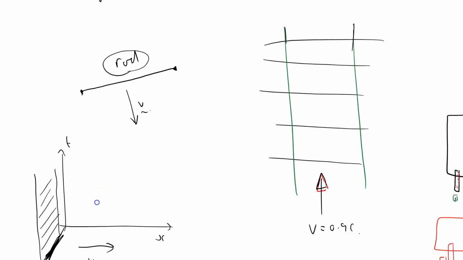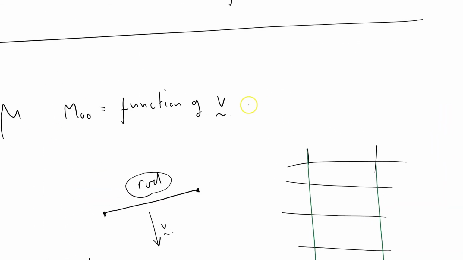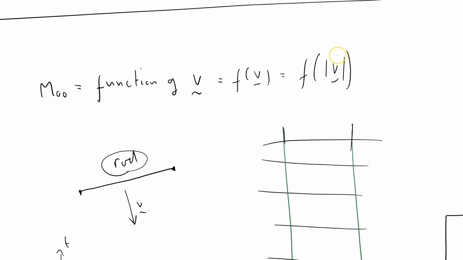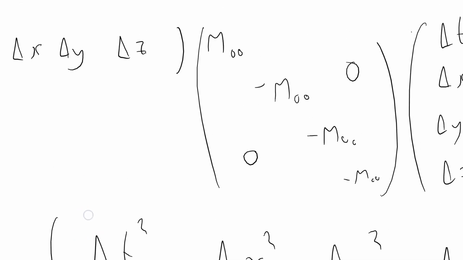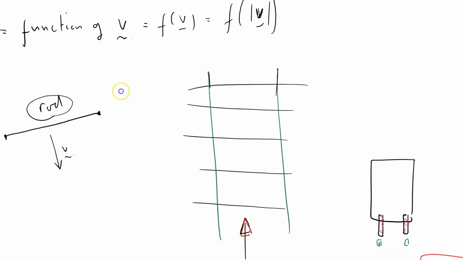So what that tells me is that my function f of v equals f of the modulus of v, because it cannot depend on the direction of the relative velocity due to the isotropic nature of space, but it can depend upon the absolute velocity itself through variation of the time element of the matrix there.